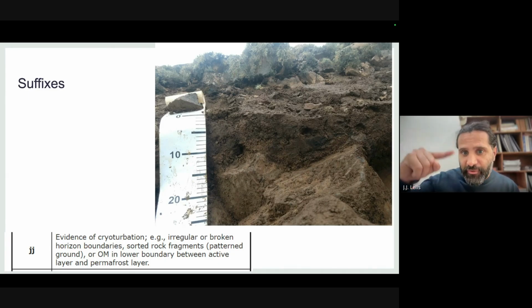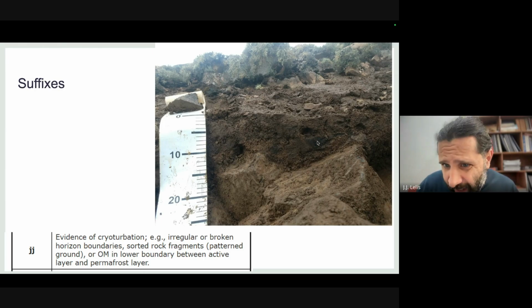This migration of clay can induce some mixing of material, and then we can see some features that express what we call cryoturbation. You can see in this very shallow soil profile that we have darker spots here and here, especially here and here too.